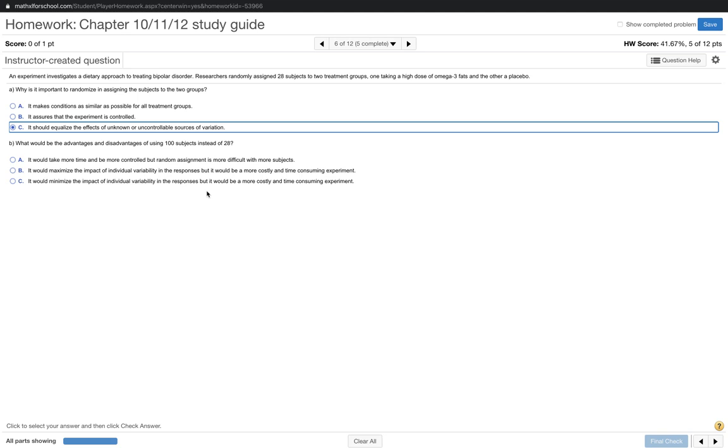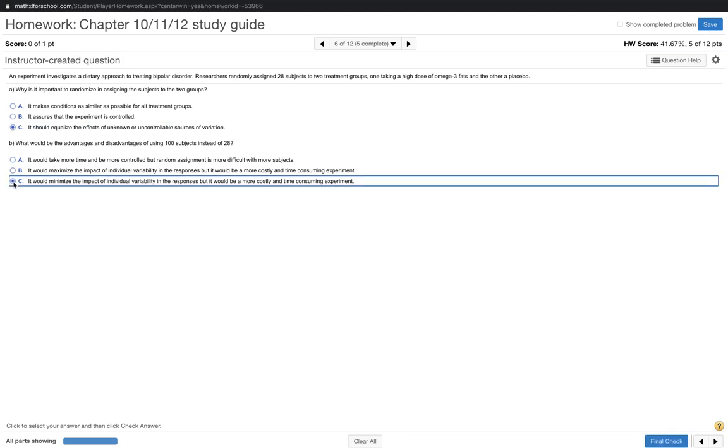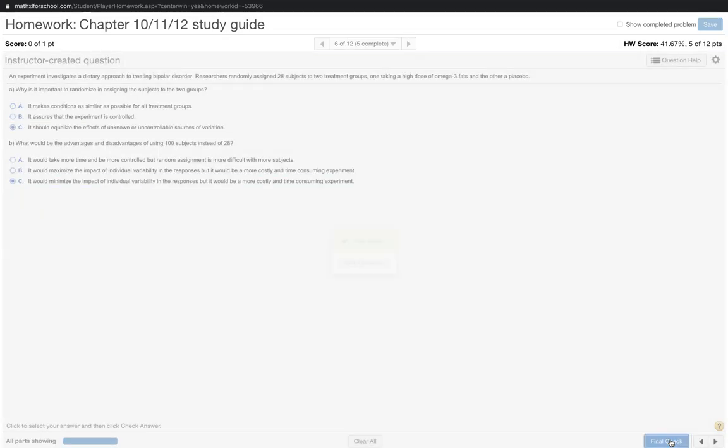Because again, you can't 100% eliminate all bias, so you want to alleviate, lessen the effects of those sources of bias. So it minimizes the impact of individual variability. But if there are more participants, it's going to take more time. So the answer in this case is C.